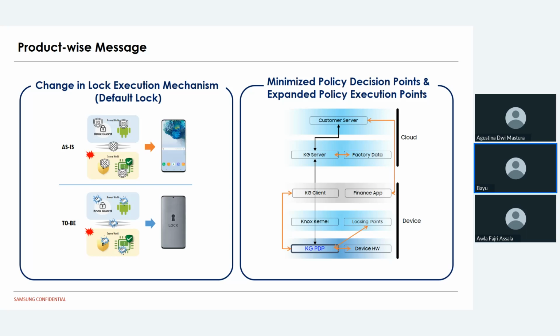With such a mechanism, offline lock can be applied by default. This is carried out by minimizing policy decision points and expanding execution points within the device hardware and the Knox kernel itself. So Samsung makes it significantly harder for hackers to bypass the lock.